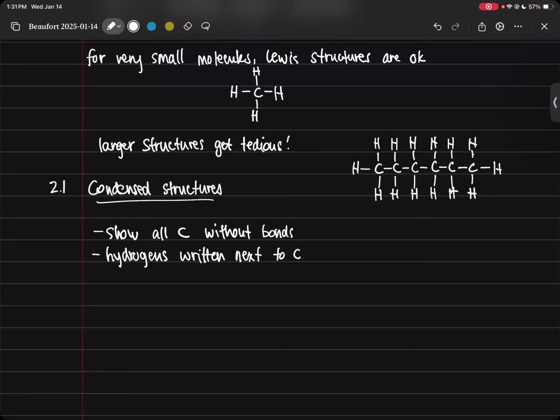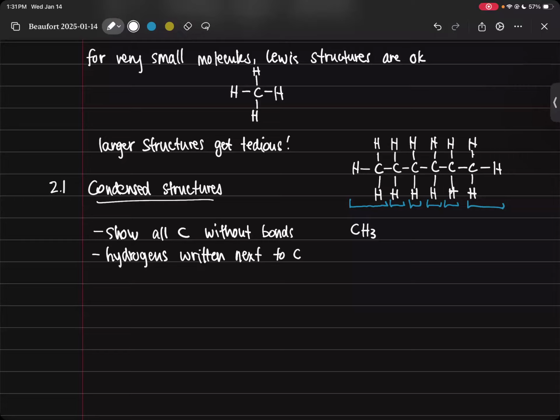So drawing a condensed structure for this, we're going to split it up into individual carbon atoms and the hydrogens that are attached to them. So we've got a carbon with 3 hydrogens, carbon with 2 hydrogens, carbon with 2 hydrogens, carbon with 2 hydrogens, carbon with 2 hydrogens, carbon with 3 hydrogens. So carbon with 3 hydrogens is going to be CH3.